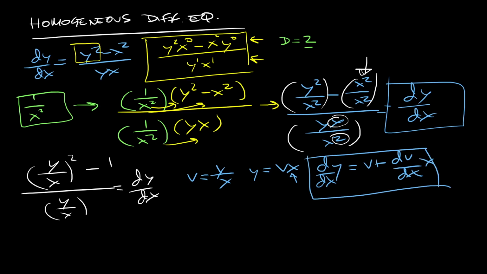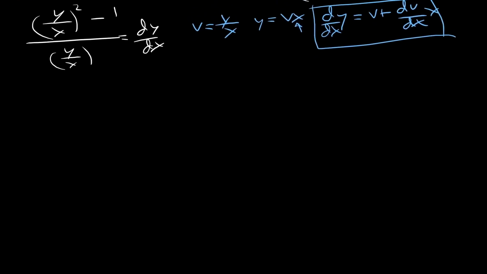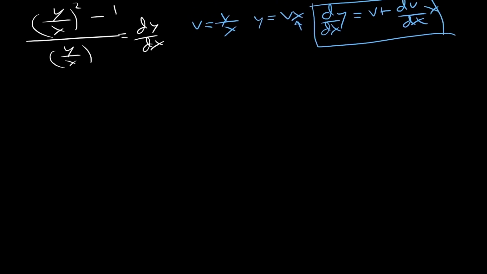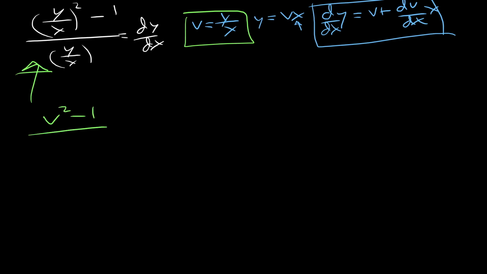Now we develop the expression just in terms of v, because we said that v is equal to y over x, so we substitute it here. Y over x squared is v squared, so we get (v squared minus 1) over v equal to dy/dx.